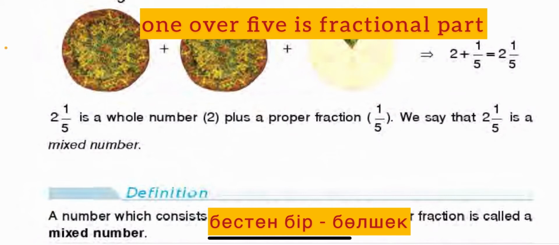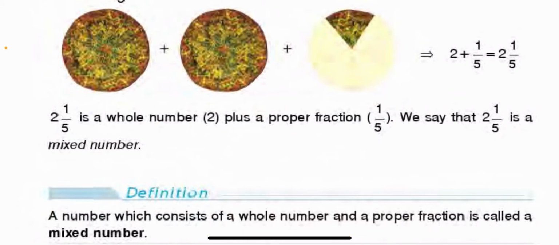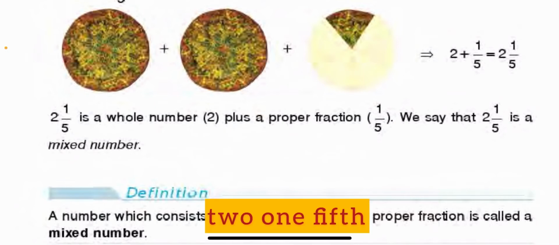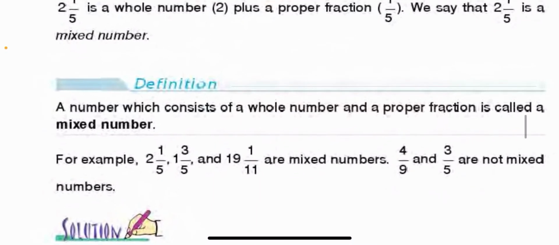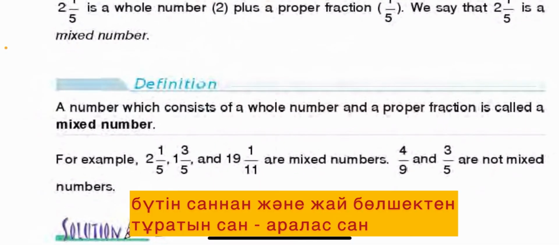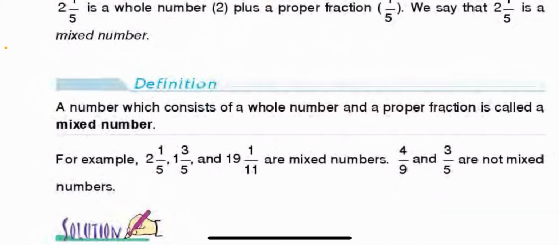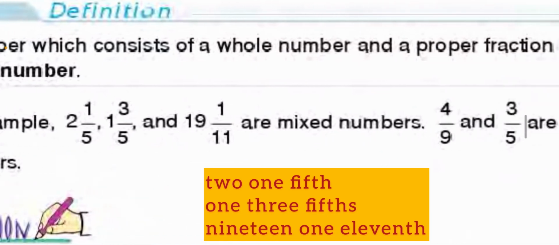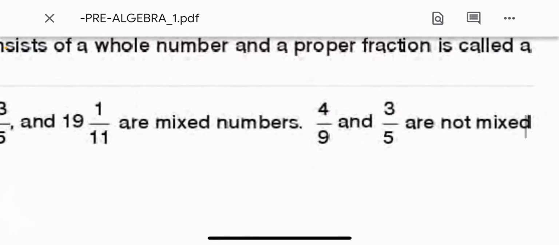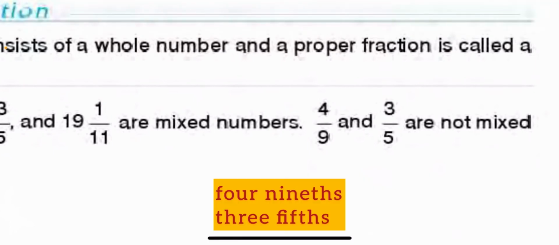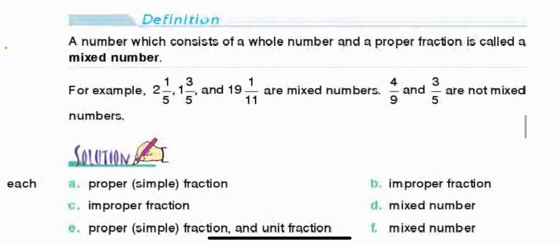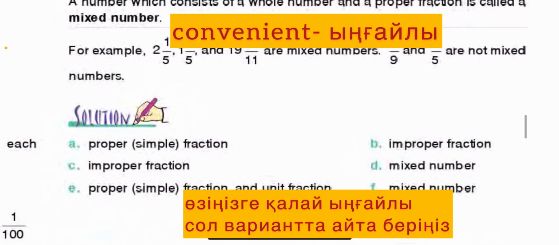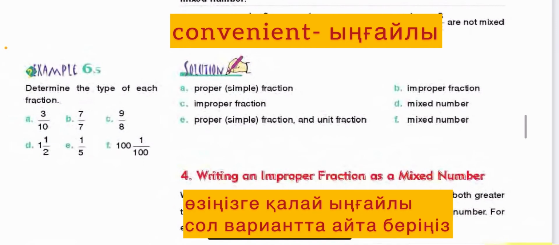We say this number as a mixed number, 2 1/5. Definition: a number which consists of a whole number and a proper fraction is called a mixed number. For example, 2 1/5, 1 3/5, 19 1/11, 4 3/5. Say it as you wish, however is convenient for you to pronounce.